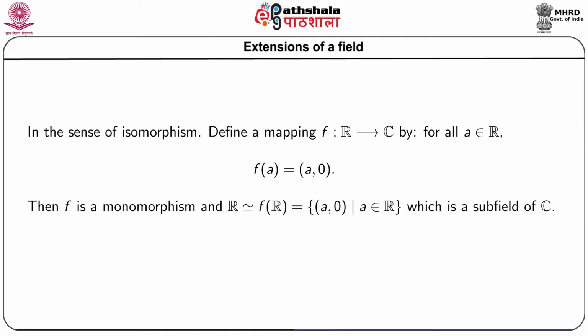That is, R is isomorphic to f(R), which is equal to the set of all ordered pairs of the form (a, 0), where a is a real number, and this is a subfield of C. Thus, actually R is not a subfield of C, and R is isomorphic to a subfield of C.